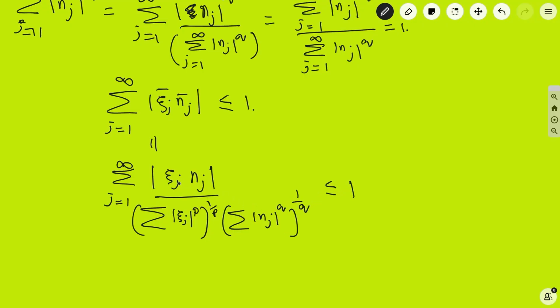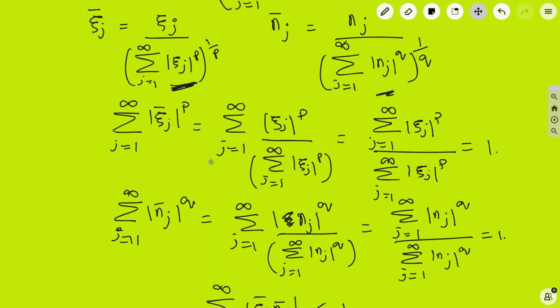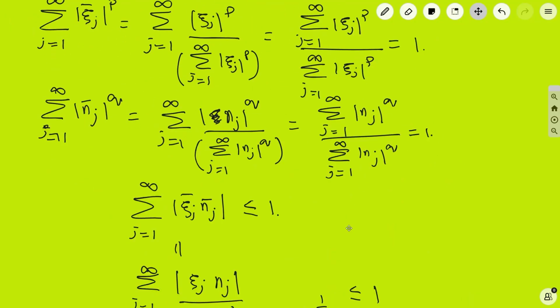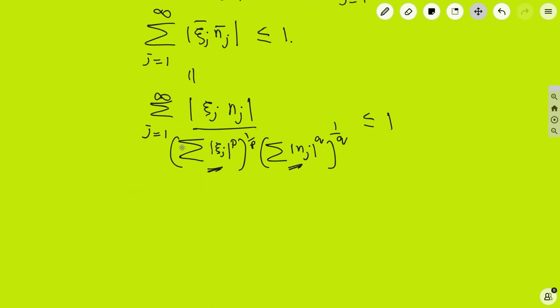For every term j, this is the same thing. This is constant, and no matter what j it is, the denominator is the same. Here also it is the same, no matter what j is. So in the whole summation, these two are constants.